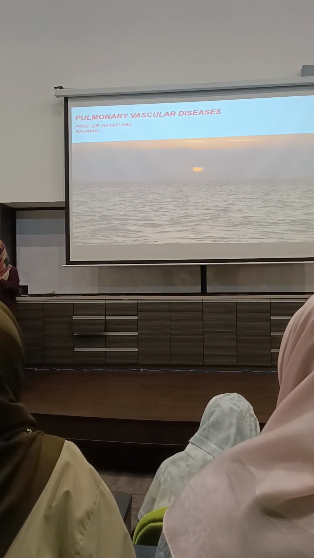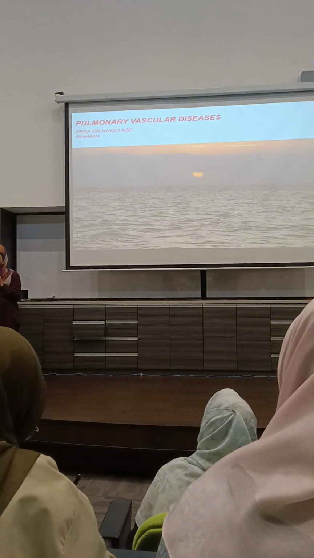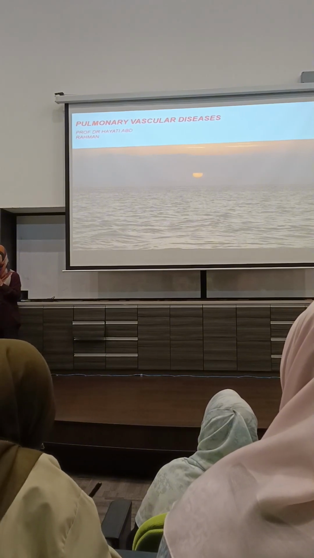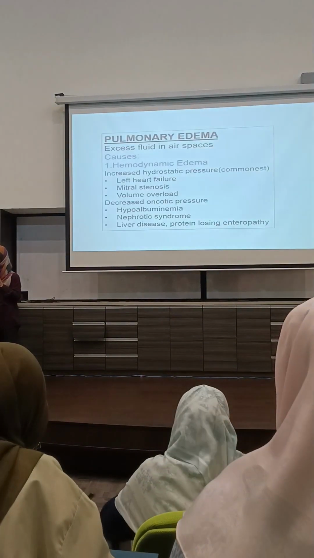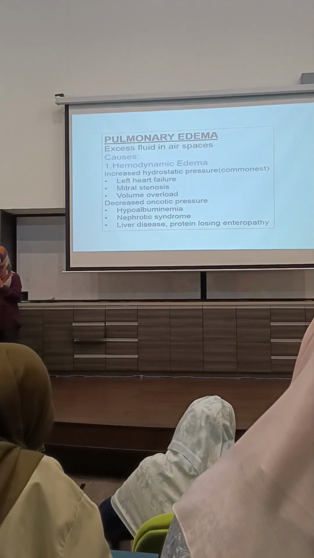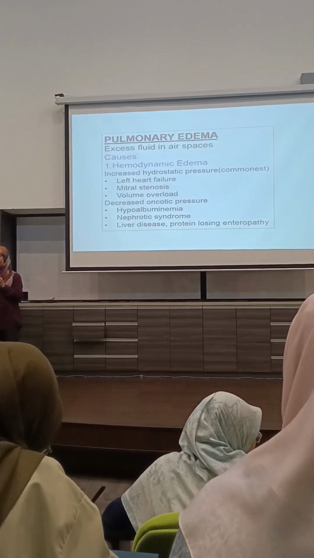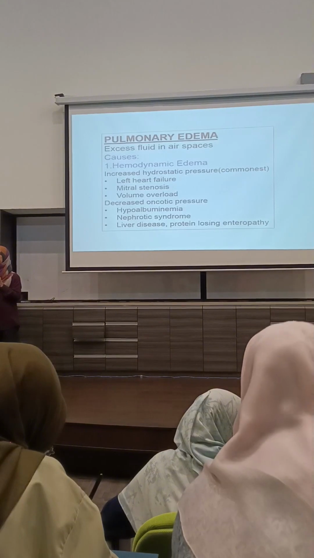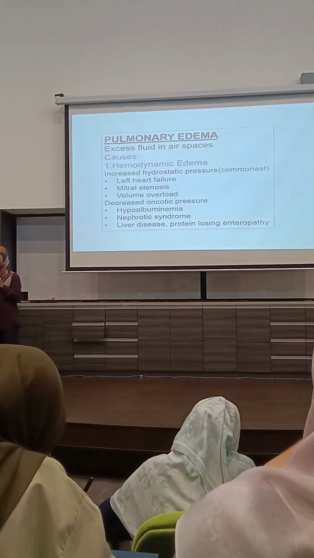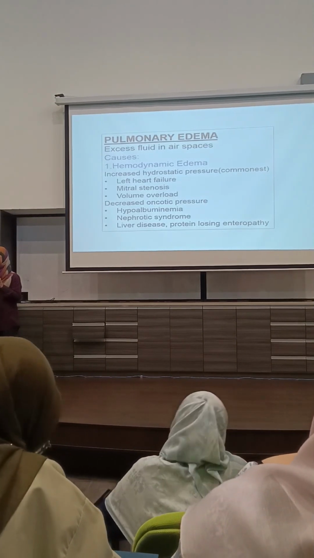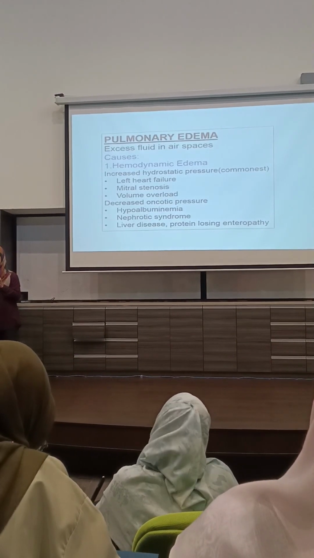So anything that disrupts the function of the capillaries will disrupt oxygen carbon dioxide exchange. So that's the basic thing to remember. So what can happen to these vessels, to the blood in the vessels, or the vessel wall itself? If there is a problem, then there is going to be edema.